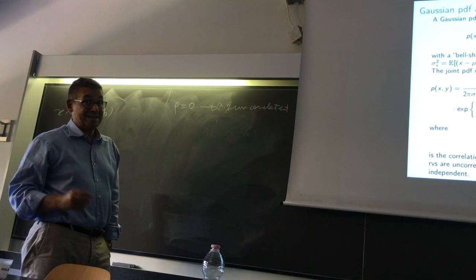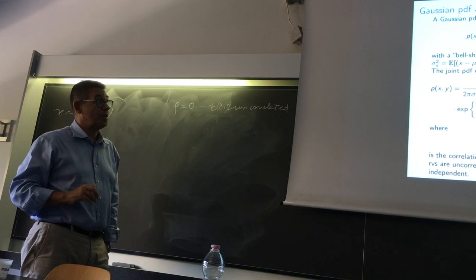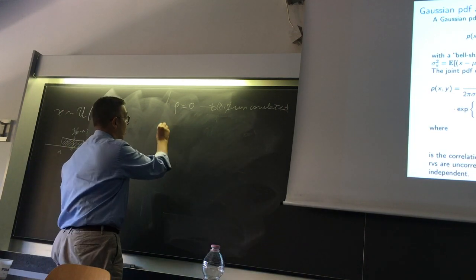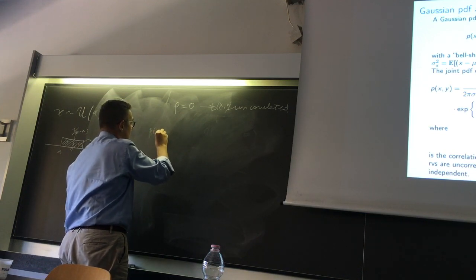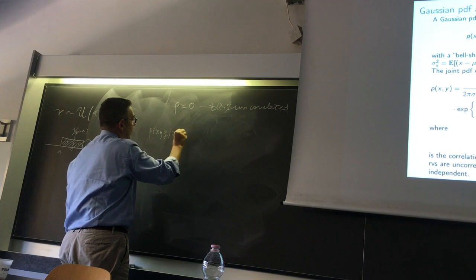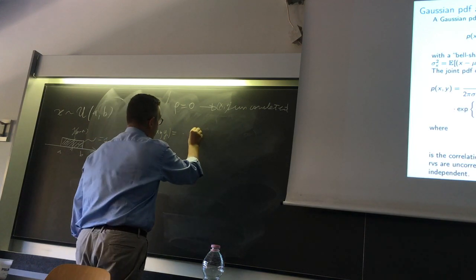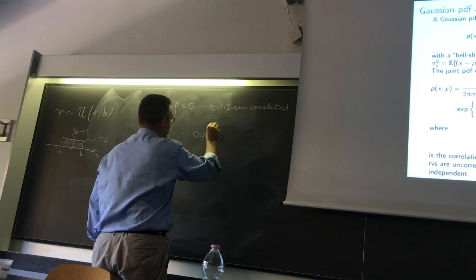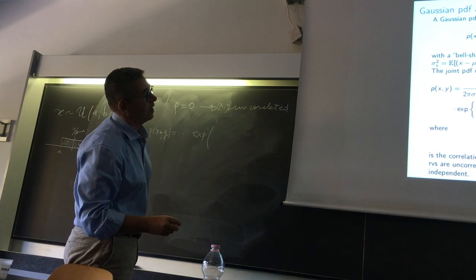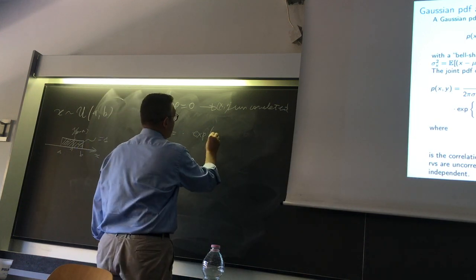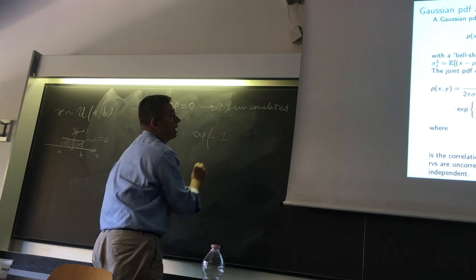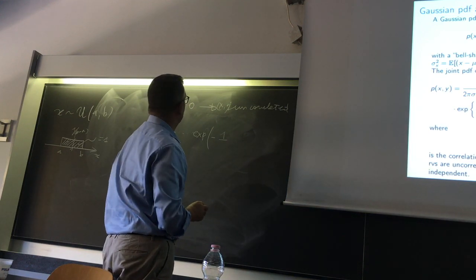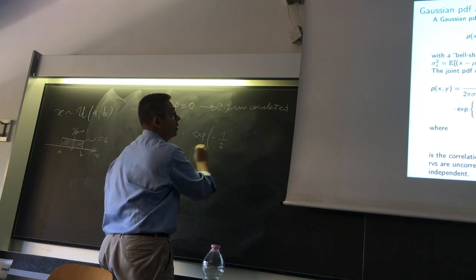Now, in this case, they are also statistically independent. Let's take the formula. Now we have p(x, y). Then we have an exponential part, the normalization part, and we have the exponential. Now we have the first term, which is minus 1 divided by 2.